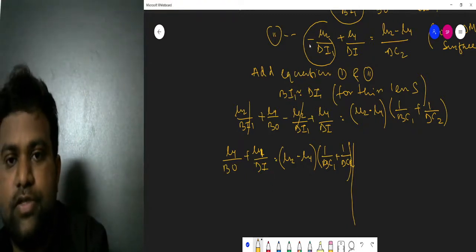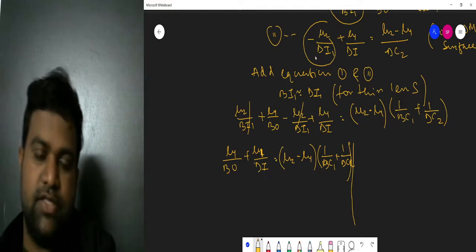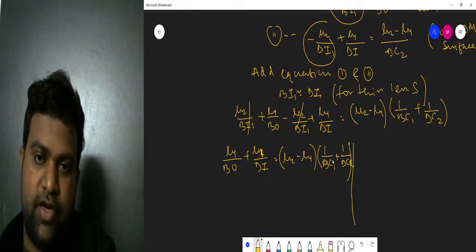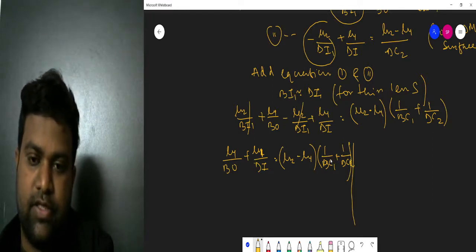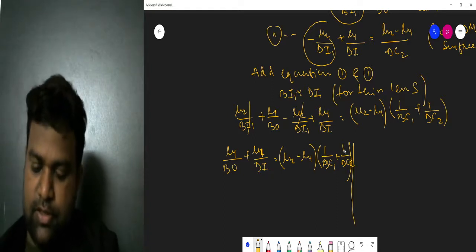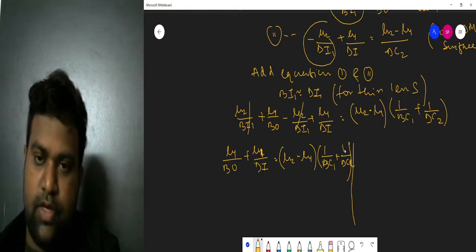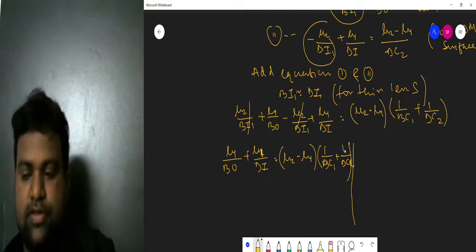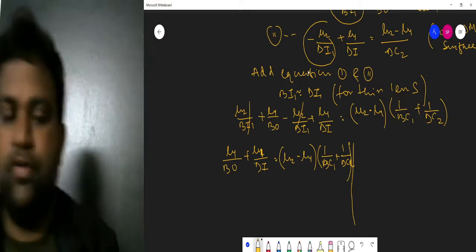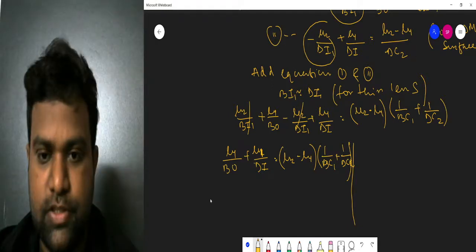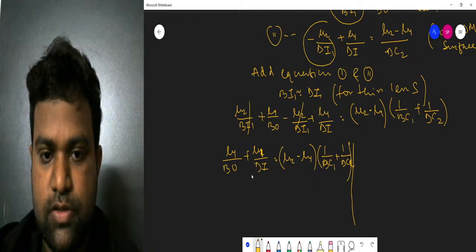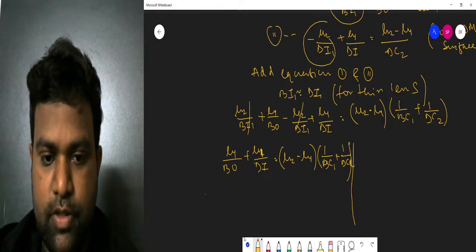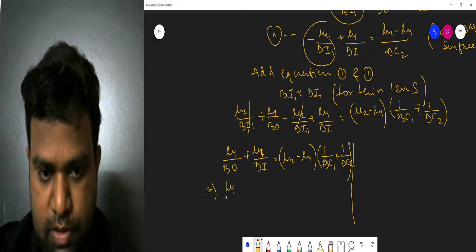You have to remember that because we have used this DI1 as the object for the second one. Okay, and that's why it's in a different direction than the incident ray. Incident ray is generally from the left side, but virtually it is coming from the right side. Okay, that's why we have used a negative sign for DI1. This is the step of the derivation you have to remember. So now easily you can use the sign convention again. So mu 1 by BO, what is BO?